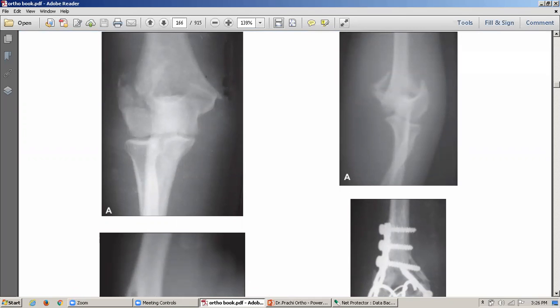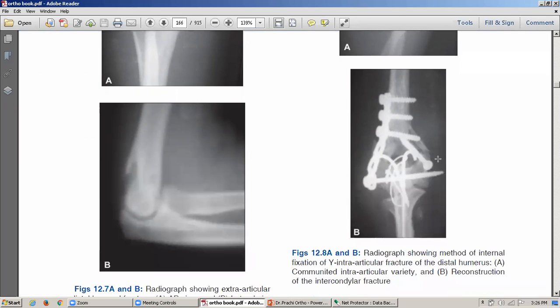And in diagram B, you can see the reconstruction of an intercondylar fracture by using screws and plates. Internal fixation of a Y intra-articular fracture of the distal end of the humerus is the reconstruction of the intercondylar fracture, which is seen in the X-ray in diagram B here.